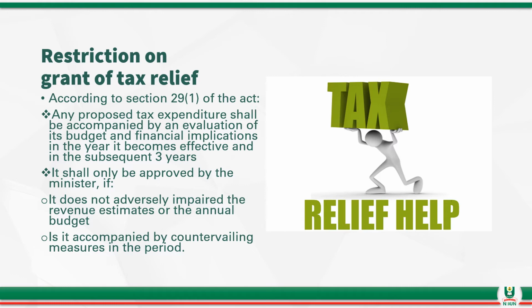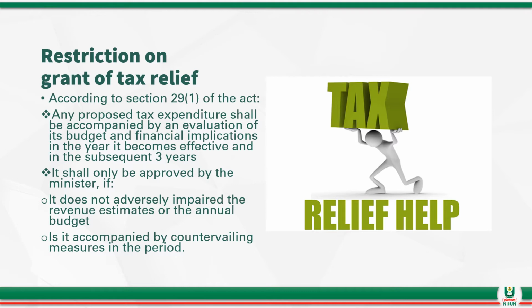And 2, it shall only be approved by the minister on just 2 conditions. 1, this granting of tax relief does not adversely impair the revenue estimates of the annual budget. If it impairs the revenue base or the revenue estimate of the annual budget, then it should not be approved.